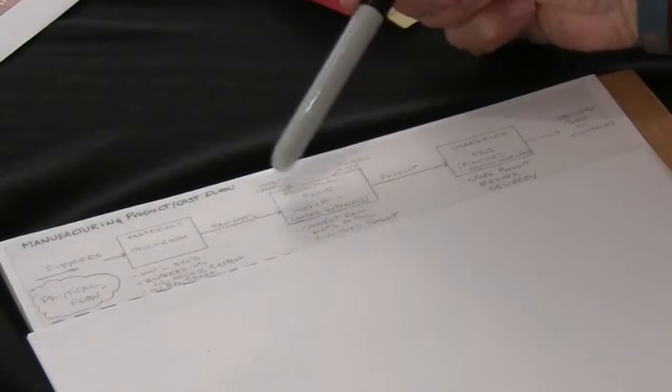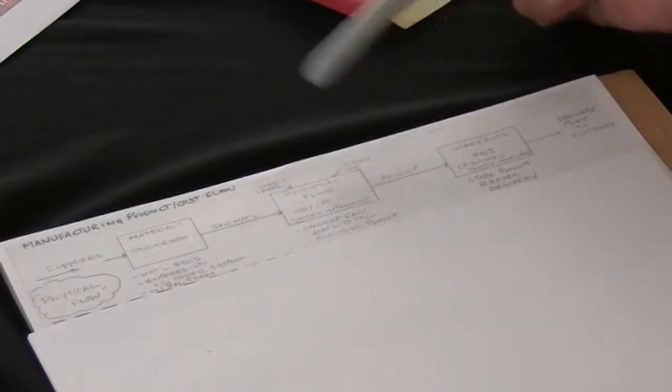I need to make 100 of these. That order will then come down to these personnel, and they will say, okay, I'm going to take that raw material and put it in whatever I've got to put it in, and send it over to the production floor. This is where all of the people will take that raw material, and we will add direct labor and we will add factory overhead, and we'll start producing the product.